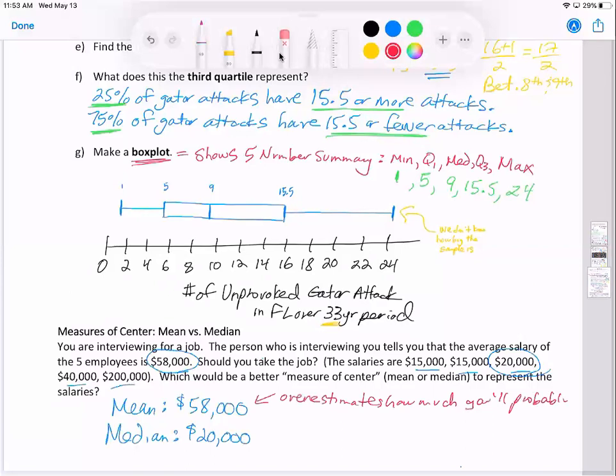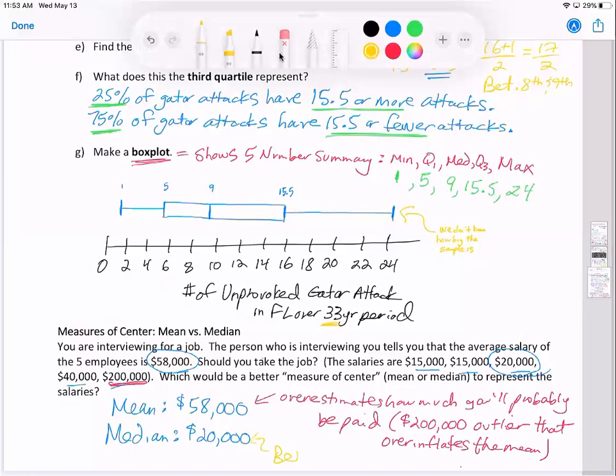If you're just starting, I'm guessing they're not going to be paying you the highest in the organization, $200,000. That $200,000 is an outlier. It's unlike all the rest that overinflates the mean or the average. So really, the better measure of center to tell is the median.